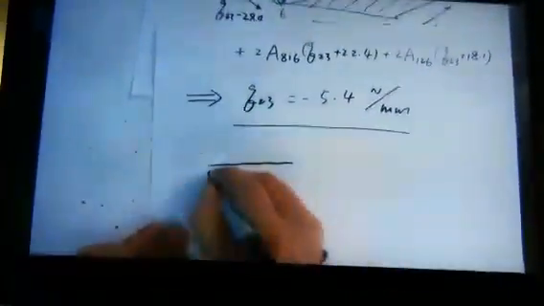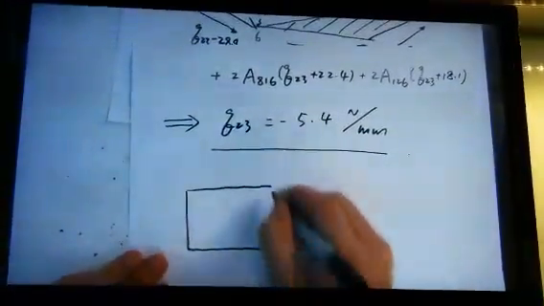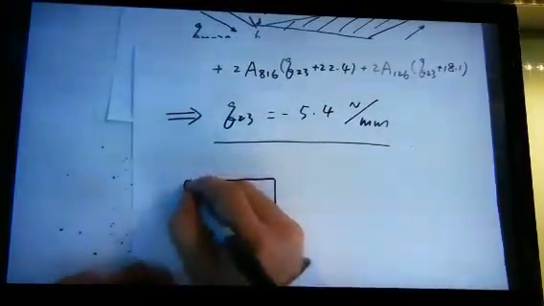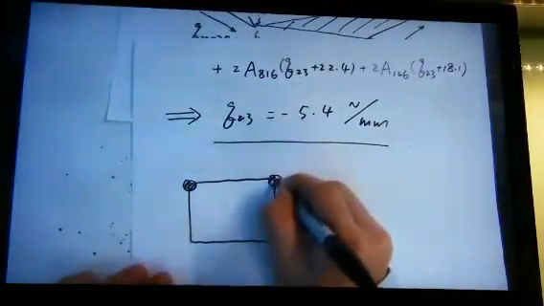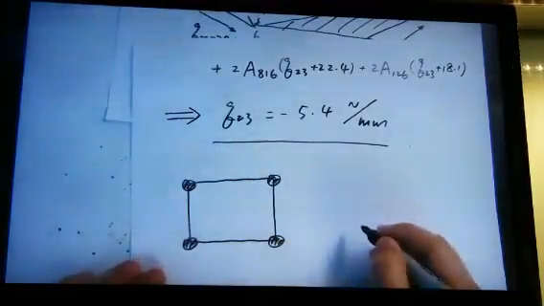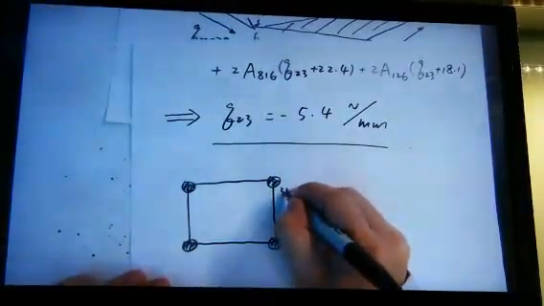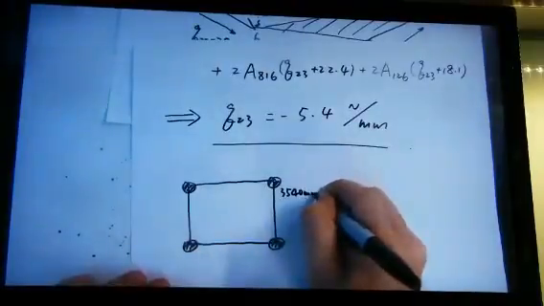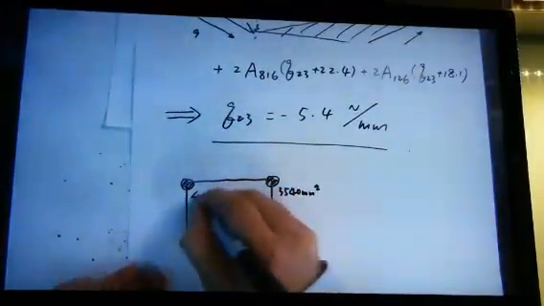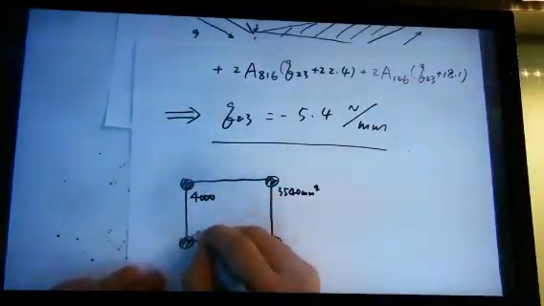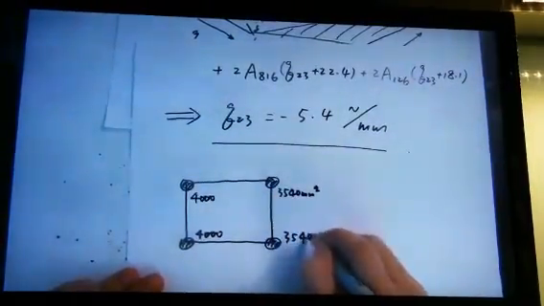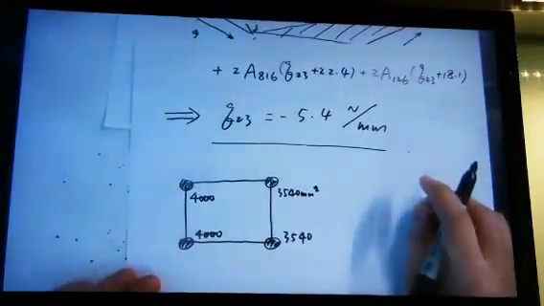Just a rectangular cross section, but it's closed. And the boom area for this one is 4,000, for this one is 4,000, and for this one, this is the boom area.